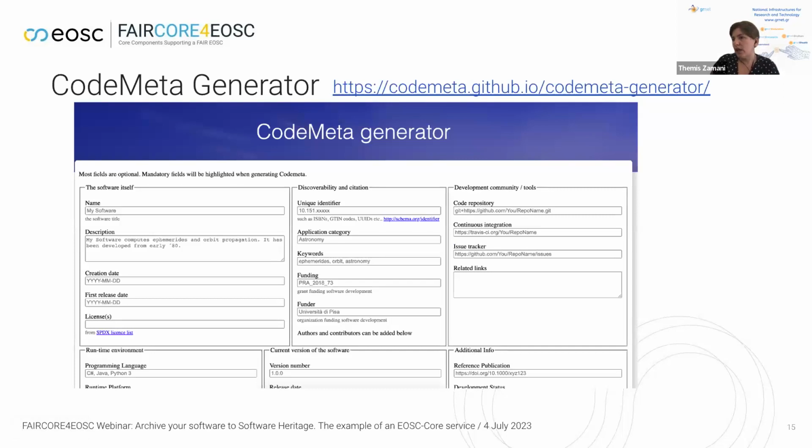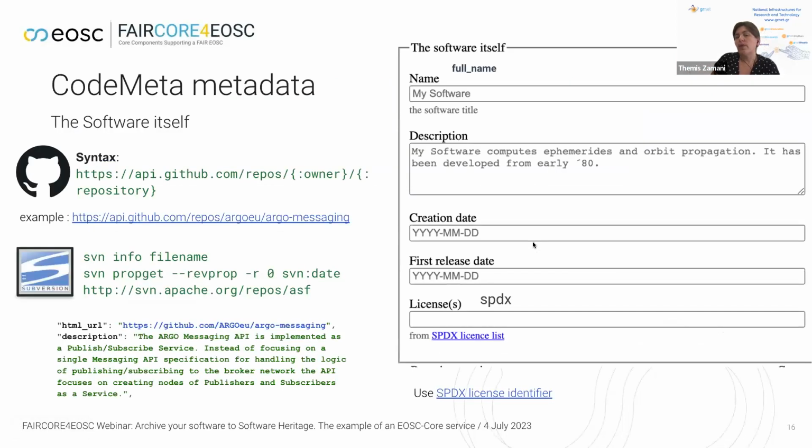In the next few slides, we are going to see the different components that you can fill in via the CodeMeta generator. So the first and most useful part is the identity of the software itself.